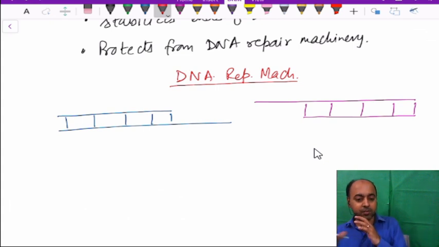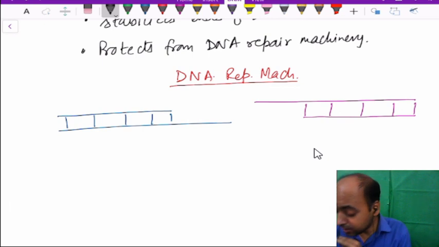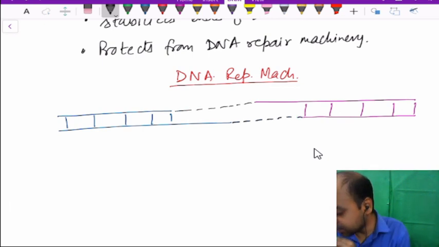And when the DNA repair machinery looks at the two DNA which are sitting together and the ends are sitting together, what does it think? Oh, this DNA has got broken. I must repair this DNA, and it will try to bridge the gap, and thereby it will try to join the two strands of DNA. The DNA repair machinery will try to join the ends.